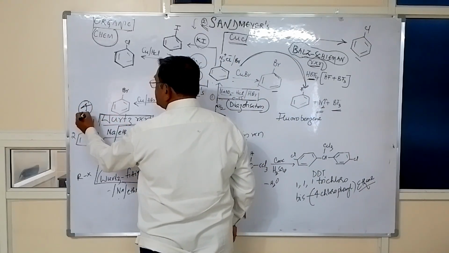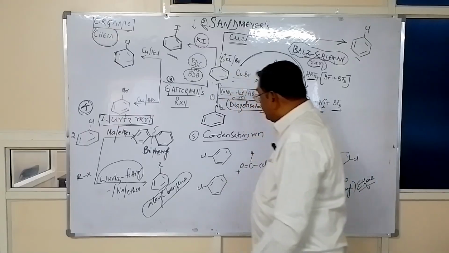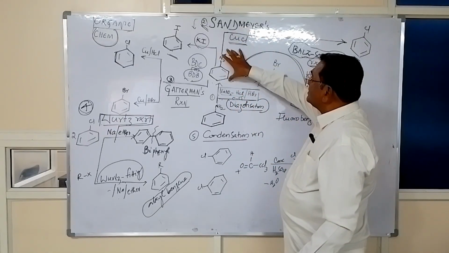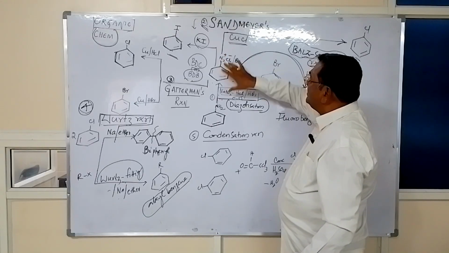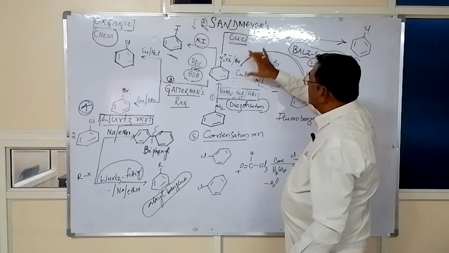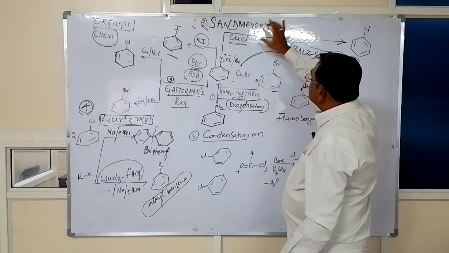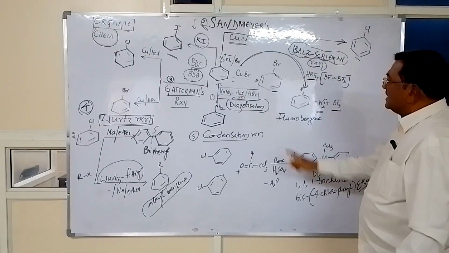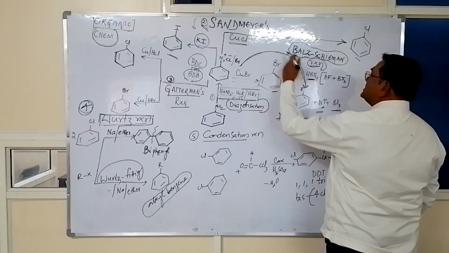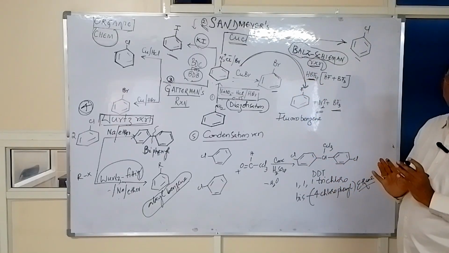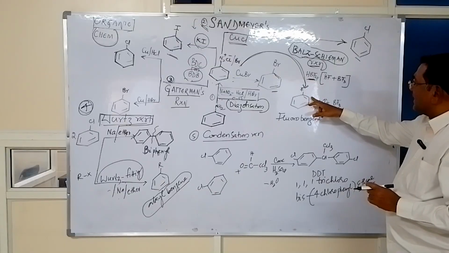What are the parts which we have divided from the intermediate? Once again I am repeating, children, make it fast. The intermediate is BDC or BDB, benzene diazonium chloride or bromide. Treating with CuCl or CuBr: CuCl gives chlorobenzene, CuBr gives bromobenzene. The next one is, from BDC or BDB, treating with HBF4, fluoroboric acid.